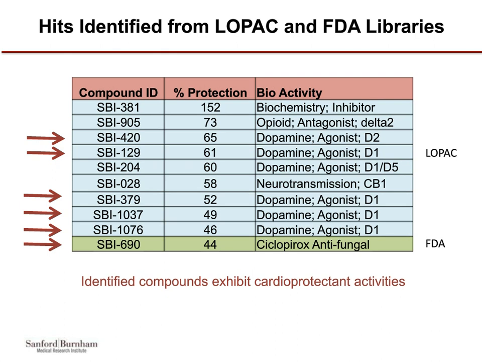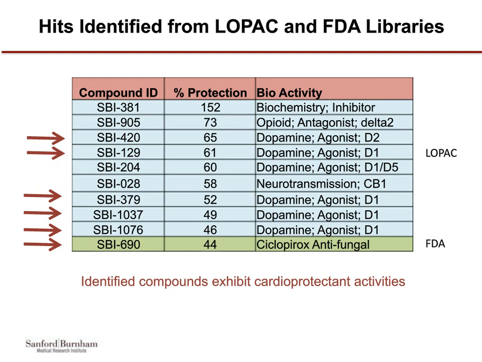The FDA collection is the same size, and we found fewer hits there, but one in particular that showed promise, ciclopirox, which is an antifungal agent. What's nice about using these libraries is that it's an annotated set, so you understand some of the characteristics. And these compounds that we did pick up in the stem cell cardiomyocyte oxidative stress assay do exhibit cardioprotectant activities published in the literature.